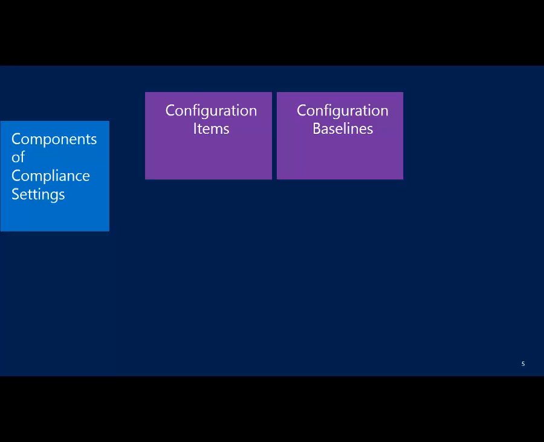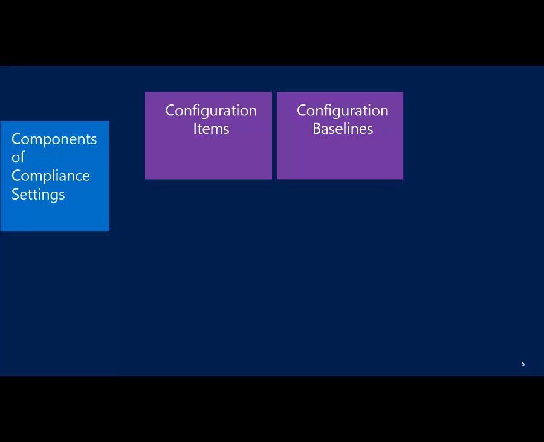You'll see how to do that in a minute. The baseline then is the vehicle that the configuration items sit on top of that allow you to evaluate. So the configuration baseline is what is deployed. And in our analogy, it's kind of like the baseline is the bookshelf that the books sit on, right? So easiest way is to show it to you. I'll do that in a minute.